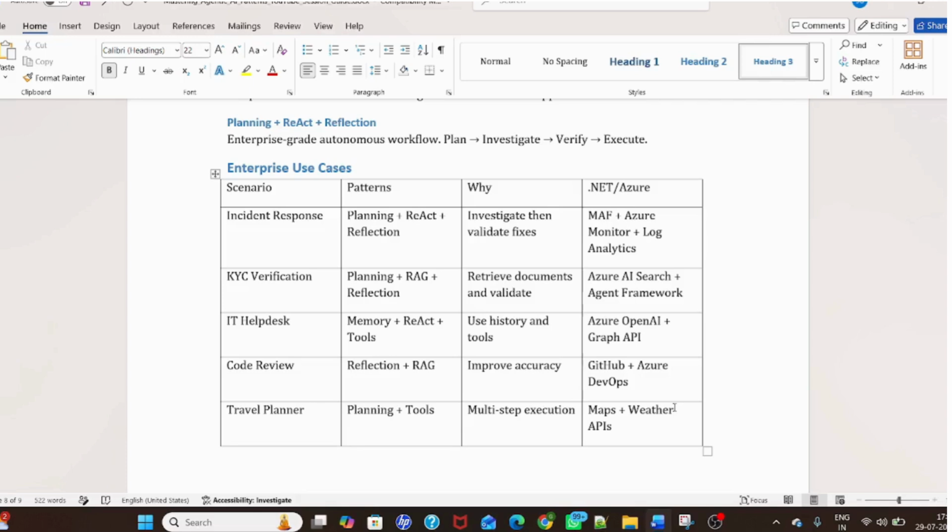ReAct means it will think, observe, and then action the tool. Code review, we said already, reflection and RAG will be better. We can go with reflection also, but reflection plus RAG is better. Combination: travel planner, definitely we need planning and then tool.